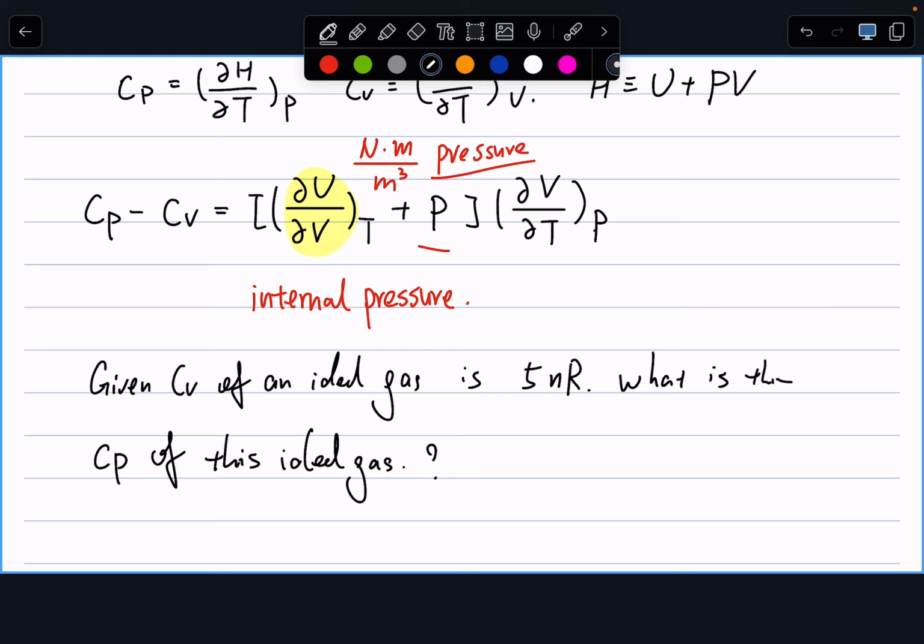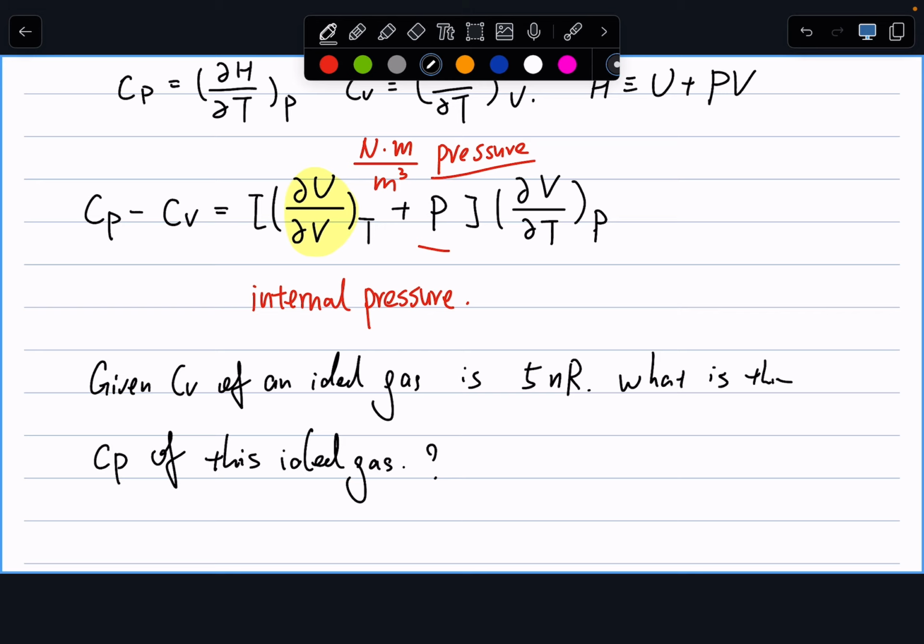So in this case, again, what we have is the general expression that we just derived: Cp minus Cv equals the partial derivative of U over V, our internal pressure, at constant T, plus P times dV over dT at constant P. Right, so for an ideal gas, what information do we know?